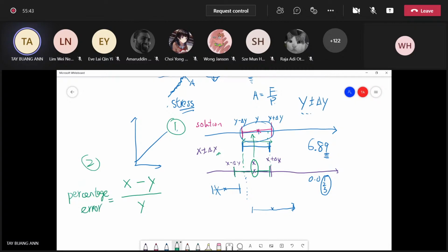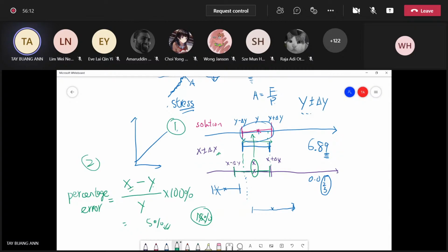You are looking at the difference between your answer and the standard solution, divided by the solution, and you calculate how many percent. Usually, if this is less than 5%, then it is almost acceptable, quite good. If you have something like 15%, then this is too large. Usually we use less than 5% as an indication of the correctness of your answer.